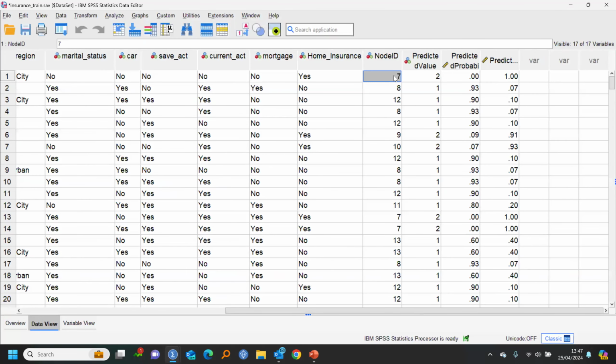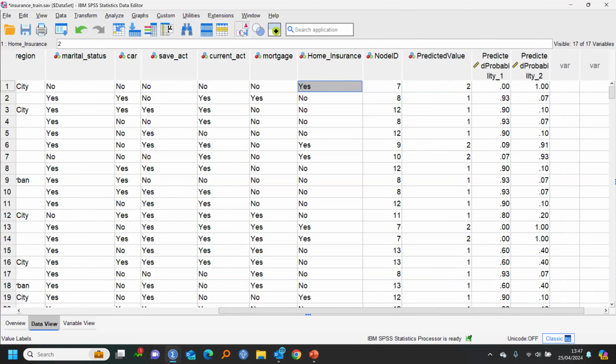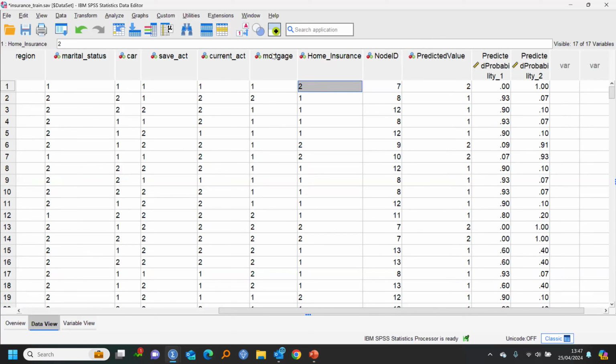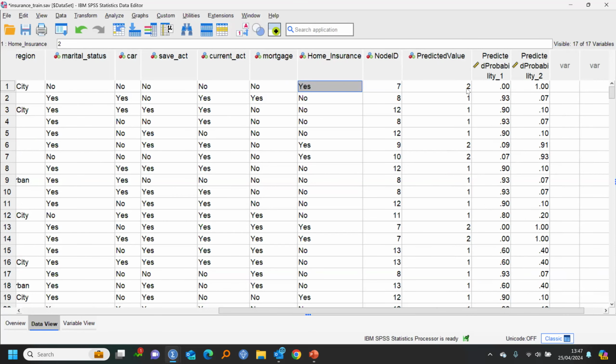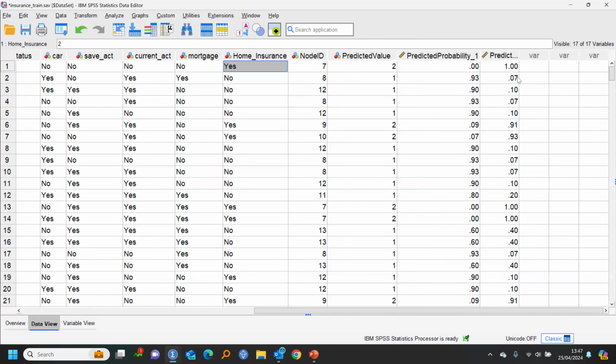It says this guy here belongs to node number 7. The predicted value is 2. What does 2 refer to? It refers to the yes group in the home insurance, so I would predict them to be a yes responder. The probability of them being in the 1 group, the no responder, is 0, because 0% of people in node 7 were in the no group.